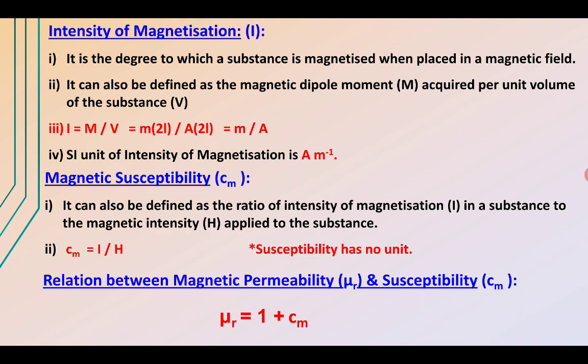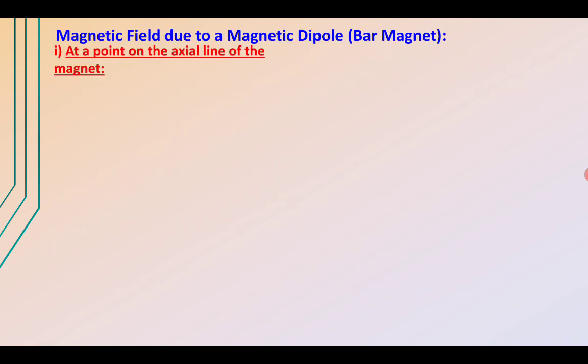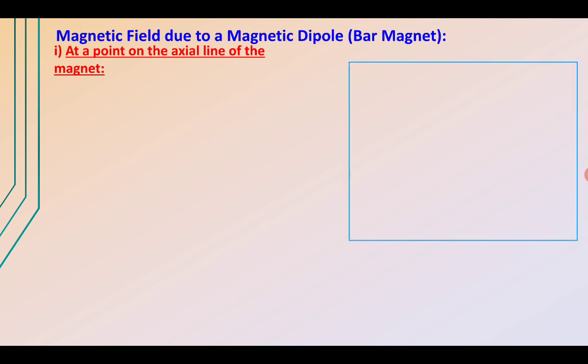Like Coulomb's law, we first discuss the magnetic field due to a bar magnet, which is a magnetic dipole, at a point on the axial line of that bar magnet. So here we have a bar magnet.